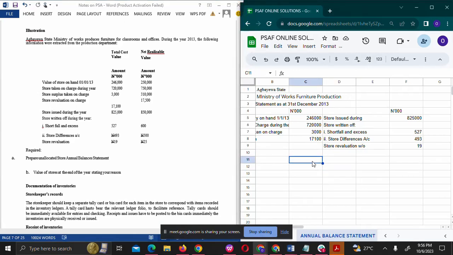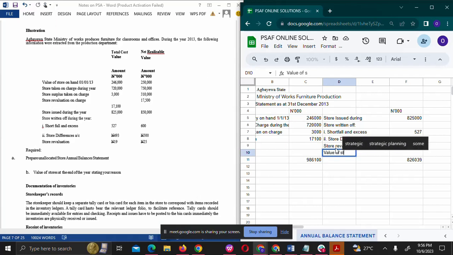So if you do the total for this one, who will total for me please? The debit side must be equal to the credit side, right? But if you notice here, they are not the same. So the difference now is value of store on hand, and it's supposed to be the balancing figure.